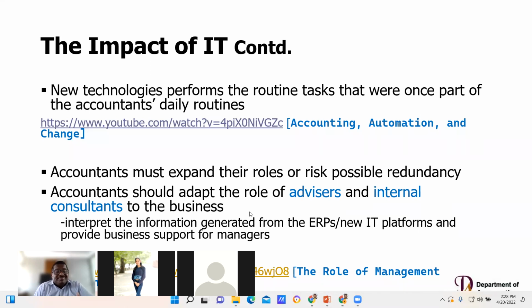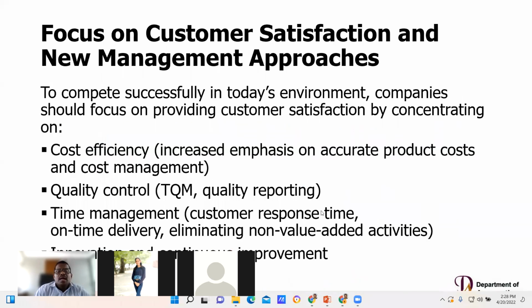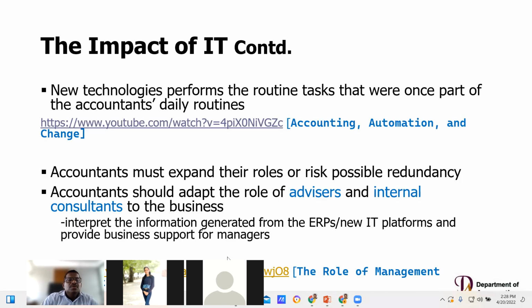Now, accountants cannot do their work as experts, so they need support of IT people. They need external or internal consultants to interpret data, maybe IT related matters. So accountants now really get the help of advisors or consultants. Again, you can look at the videos. For that also there is a video you can look at.